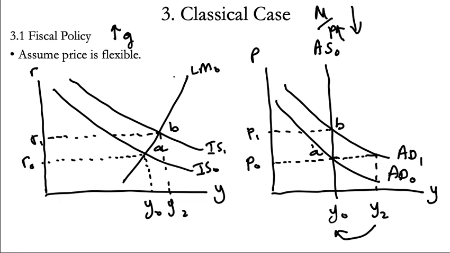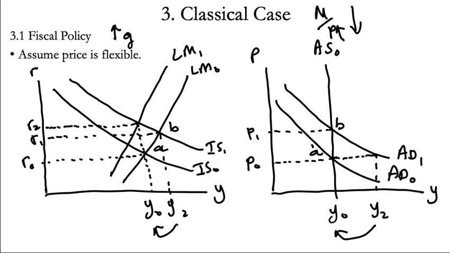So LM will shift to the left, like this. You check the way I draw it here, from LM0 to LM1. We can see that the interest rate increases further to R2, but the output goes back to Y0. Okay, so this is done.